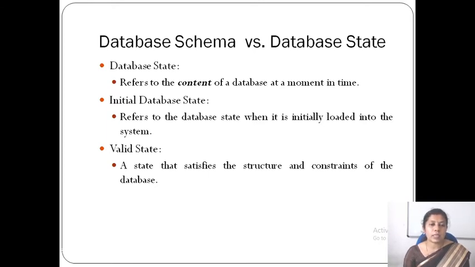And a valid state is a state that satisfies the structure and constraints of the database. If it satisfies them, it is called a valid state. So initial state means you have just created the database and entered some values, and valid state means whenever you check that it satisfies the structure and the constraints of the database.